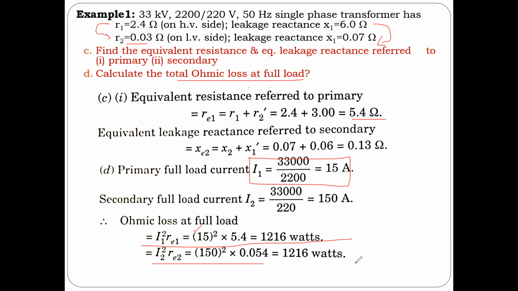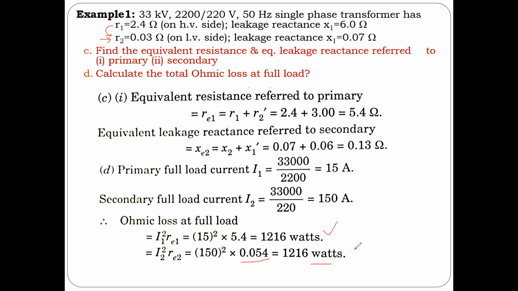But if you're interested in the secondary side, the current on the secondary side is 150, squared, times the total resistance on the secondary side. So the total resistance on the secondary side would be this plus 0.024, which makes it 0.054. So the ohmic loss turns out to be the same in both cases.